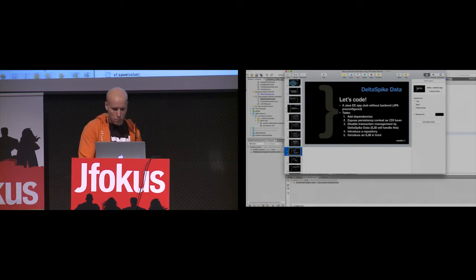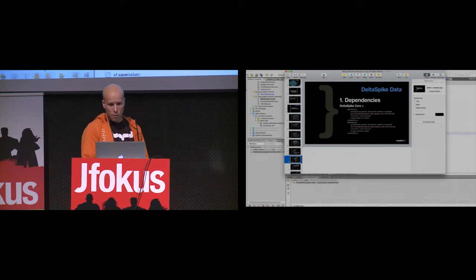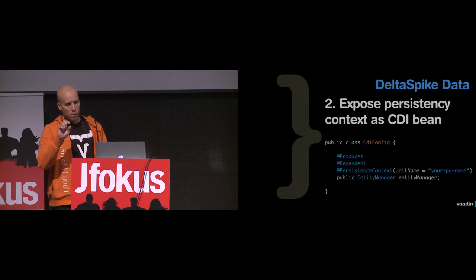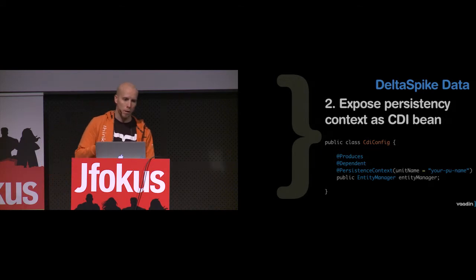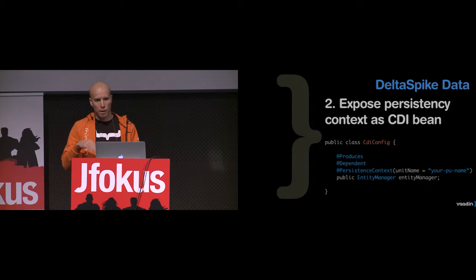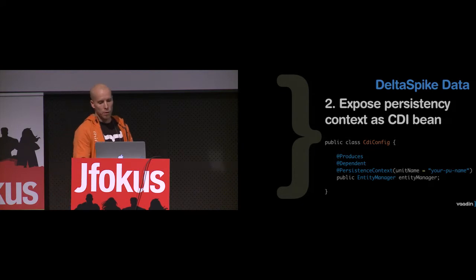So what we did there: we added the dependencies, then, I actually forgot to discuss this, when you're using DeltaSpike Data, you always need to expose the entity manager as a CDI bean, because DeltaSpike is a pure CDI library. It doesn't depend on the Java EE specification at all. It cannot use the PersistenceContext annotation in its code.